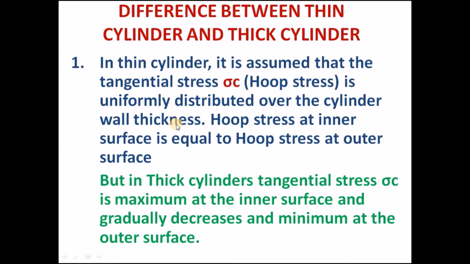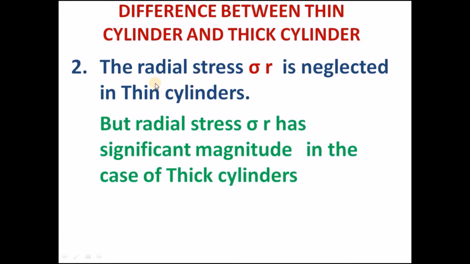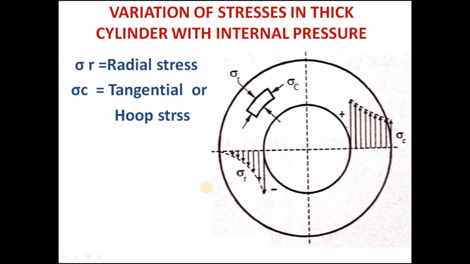The next point is that the radial stress sigma r is neglected in the case of the thin cylinder, but radial stress sigma r has significant magnitude in the case of thick cylinders. In the design of a thin cylinder, sigma r is neglected.